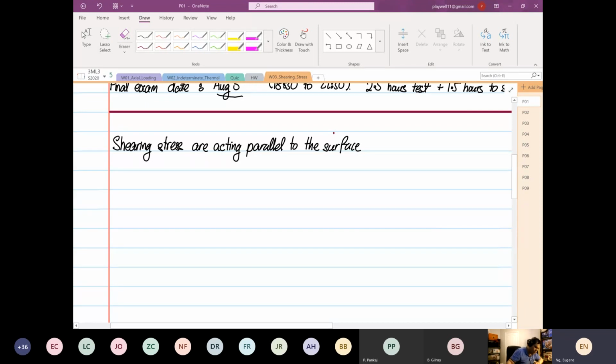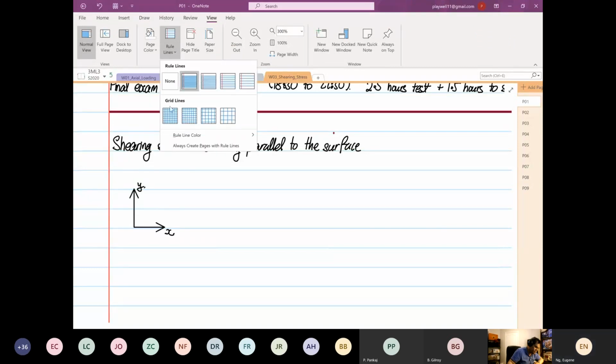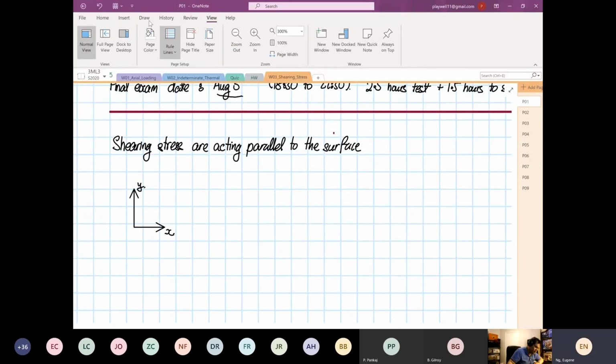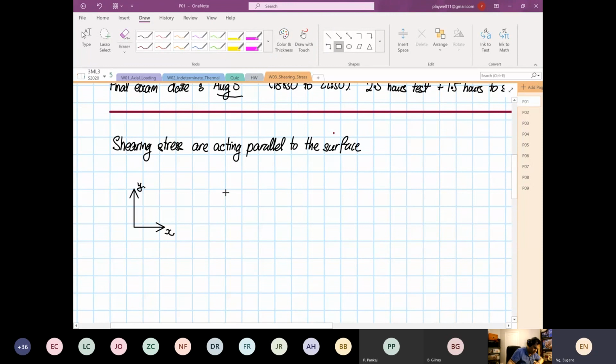So if I were to draw a transformation now, this is my X and this is my Y, and I'm going to construct an element. Okay, so this is my element. What you see over here, shearing stress acts in this direction.